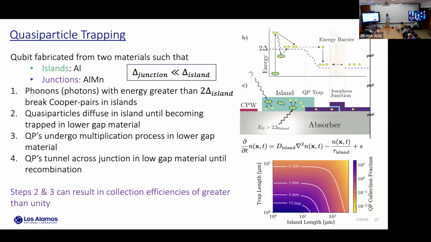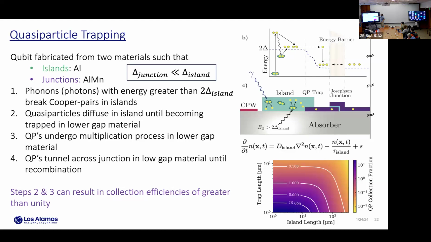But the idea is if you have some event that's a phonon that's bouncing around and it has greater energy than the superconducting gap here, it'll break the quasi-particles apart, excite them to a much higher energy level. They will down convert into phonons and lower energy quasi-particles. And then they just diffuse around this particle on the island here until they reach this overlapping region.